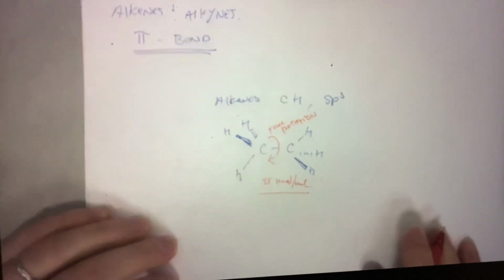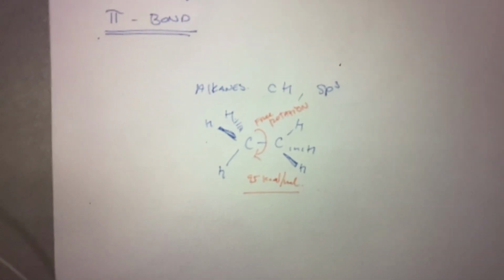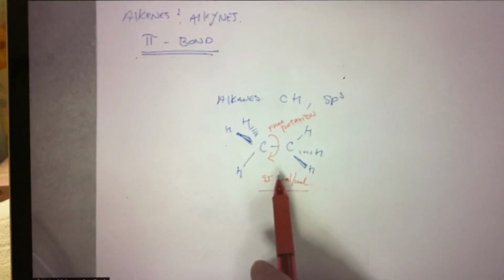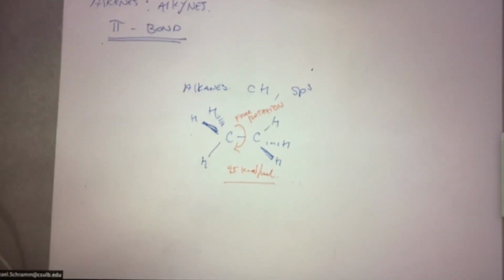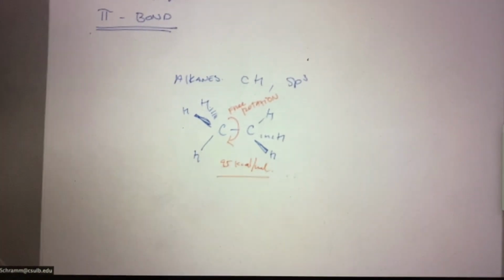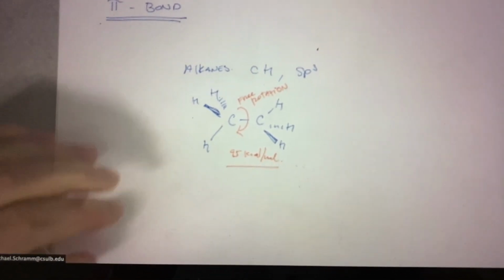And we learned last week that carbon-hydrogen bonds are about 100 kcals per mole, so a carbon-carbon single bond or a carbon-hydrogen single bond, all about the same energy. They're very, very stable bonds, and this is reflected by things that are about 100 kcals per mole or more.